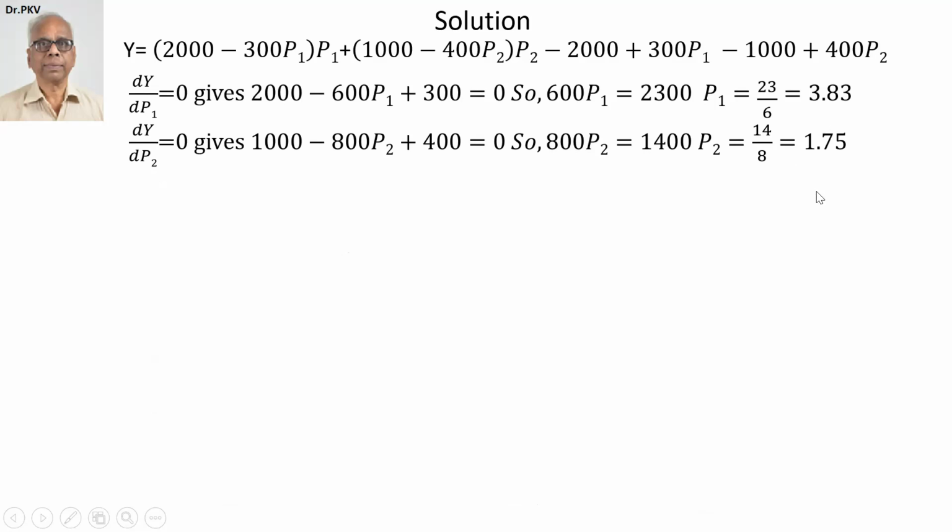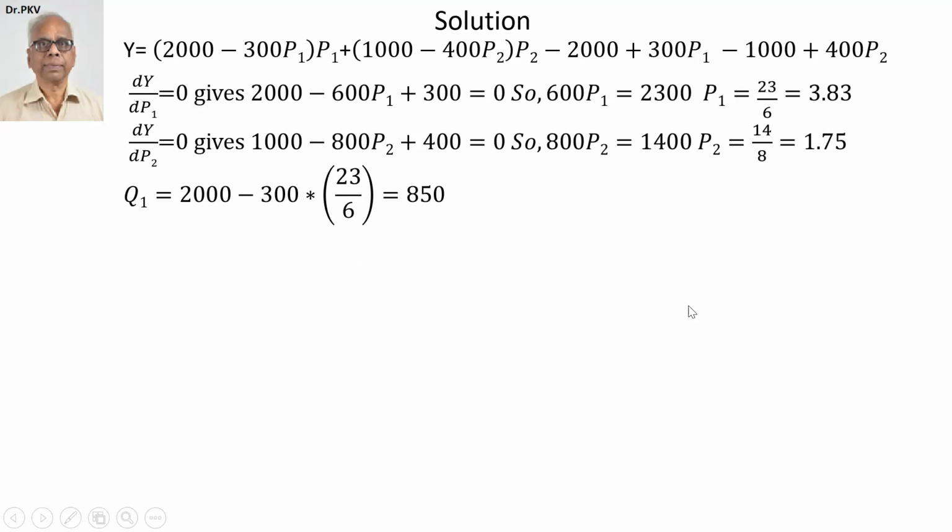So the pre-Christmas price will have to be set at $3.83. 23 upon 6 I retain for accuracy later. P2 is equal to 14 upon 8 or $1.75 is the post-Christmas price per card. So the number of cards pre-Christmas will be 2000 minus 300 P1, which is our Q1. Multiply this by the price 23 upon 6.